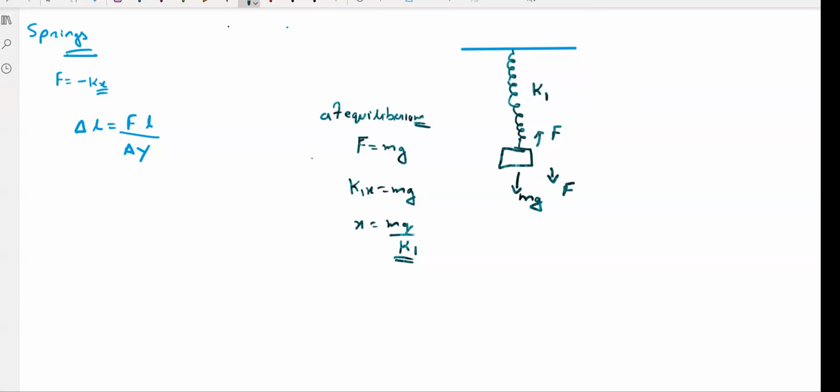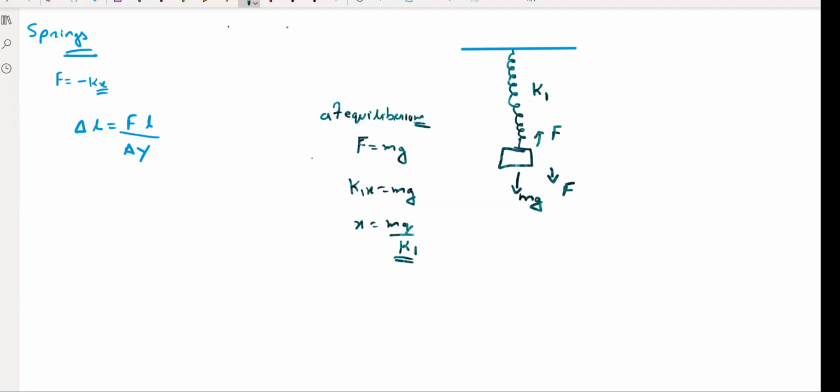The length will increase, yes or no? Common sense, right? The length of the spring, the elongation, will increase.